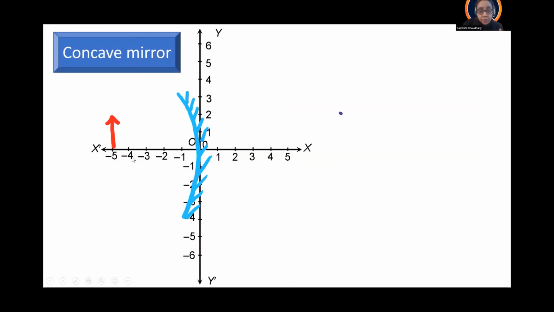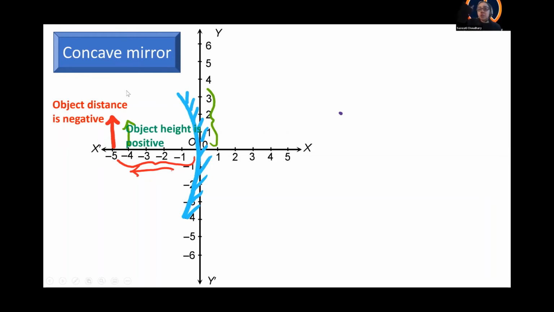So you can imagine that the object distance will be negative. Why? Because it is lying on the negative x-axis. So it is negative here. Now for the object height, you can understand that the object height is positive, because it is moving towards the positive y-axis.